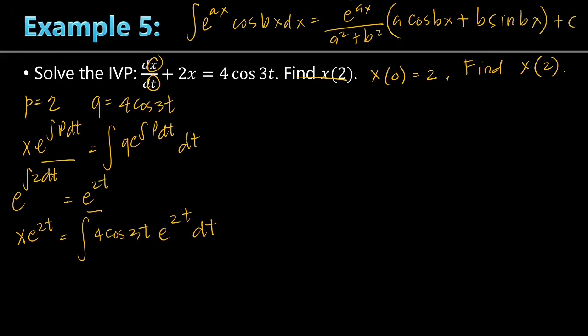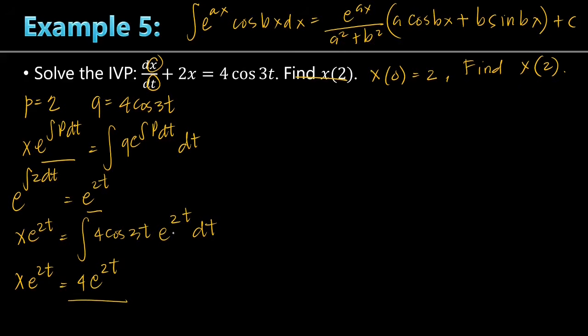Now, we will just replace the x and make it t, because our independent variable is t. So x e to 2t equals, I will take out the 4, and our exponential is e to the 2t. So e raised to 2t over a squared plus b squared.